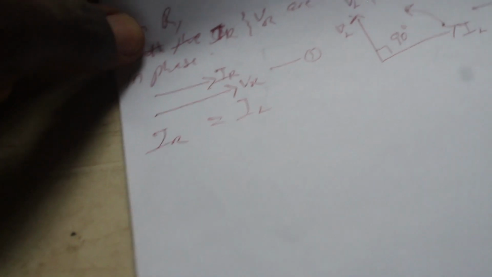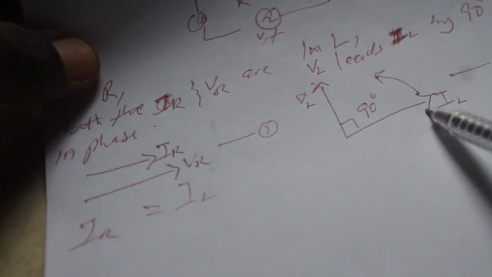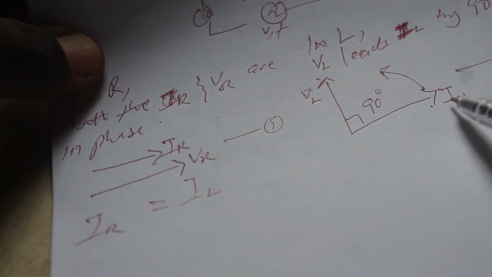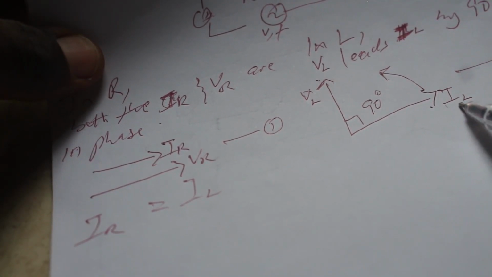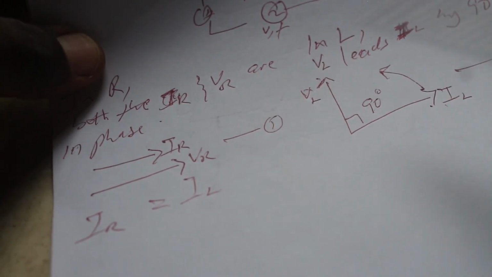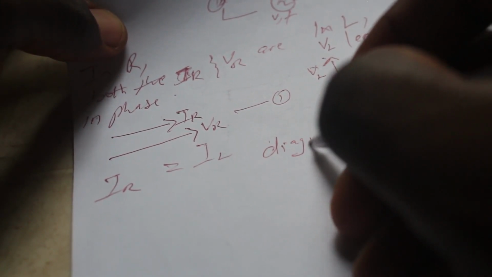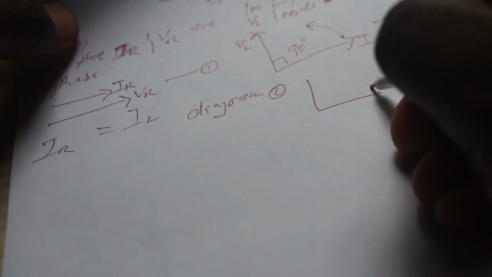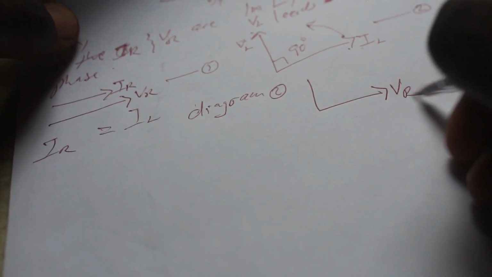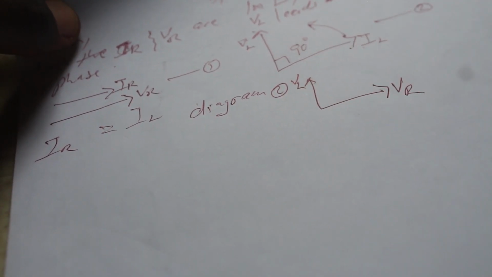Now, since that's true, we can replace the current passing through the inductor with the voltage in the resistor. So the second vector diagram begins to look something like this, where here is the voltage across the resistor, and here is the voltage across the inductor.